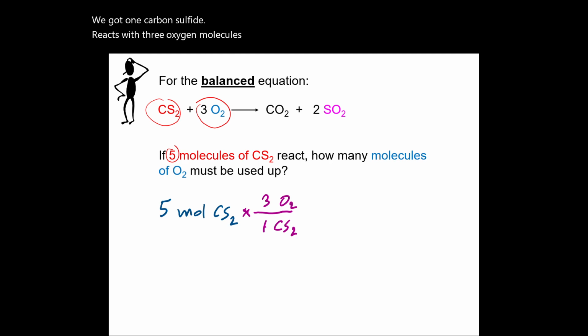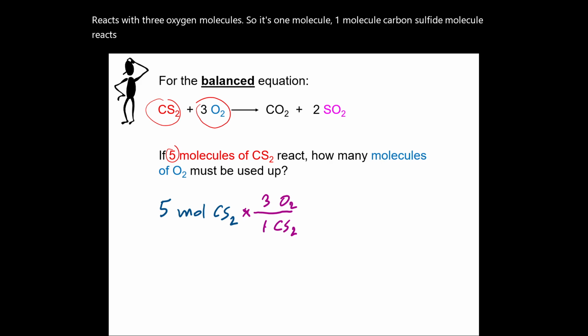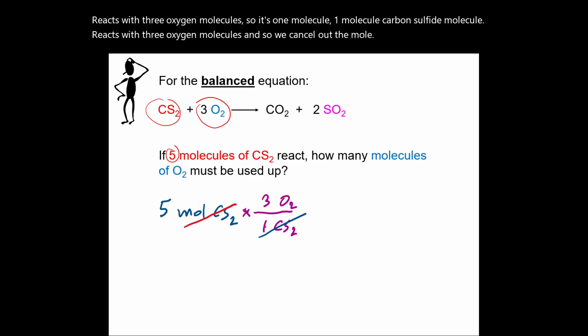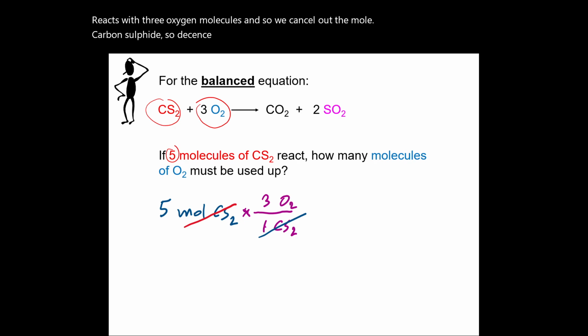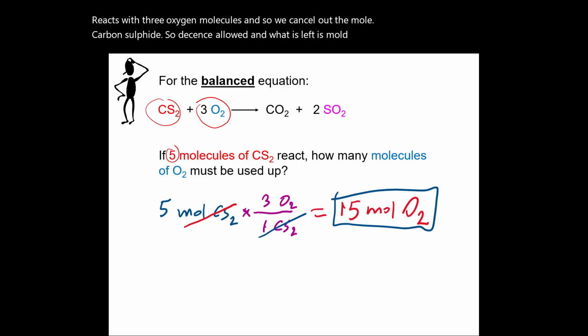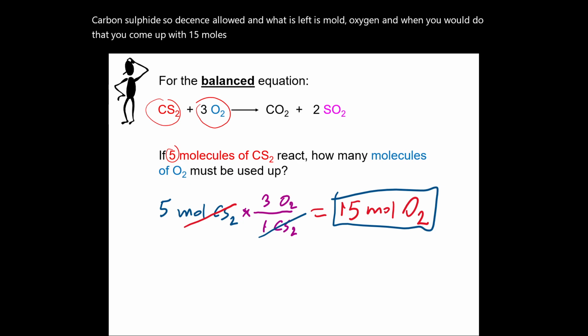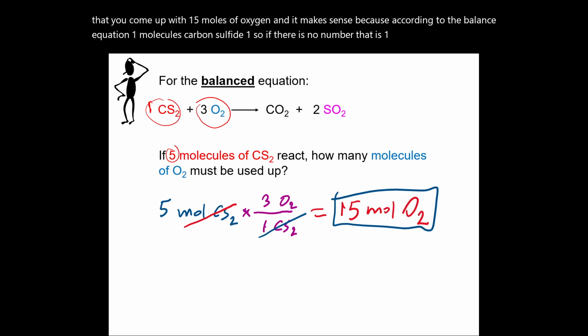We cancel out the carbon disulfide, and what is left is oxygen. When you do that, you come up with 15 oxygen molecules. It makes sense because one molecule of carbon disulfide requires 3 oxygen molecules.